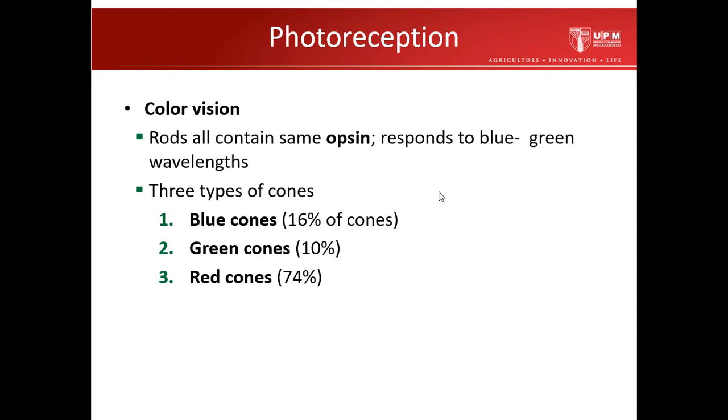Light energy is a form of radiant energy that travels in a wave with a characteristic wavelength. All rods contain the same type of opsin. It is most sensitive to the blue-green wavelength of light, and there are three types of cones: blue cones, green cones, and red cones.